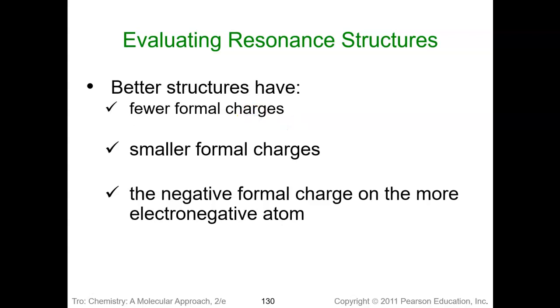The smaller the formal charges are, the better. And if you've got to have a negative formal charge, we put it on the most electronegative atom, right? So fewer formal charges, smaller formal charges. If you got to have a negative, make sure it's on an electronegative atom. So this is how you can tell what is the best structure.